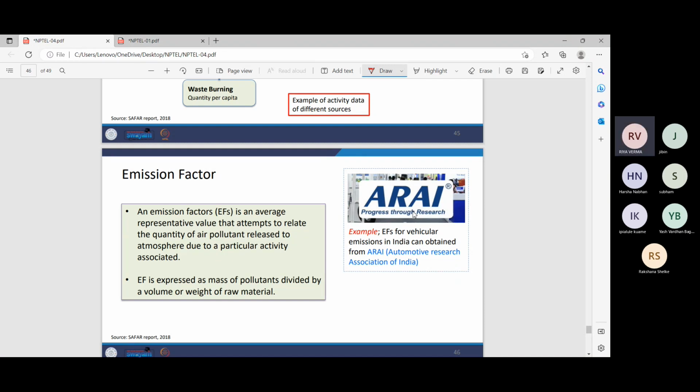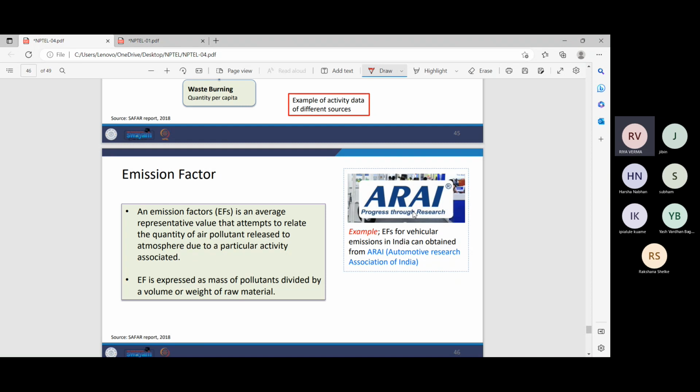As far as air pollution levels are concerned, agricultural emissions don't contribute much unless there is agricultural burning, like the parali that is being burnt in the Haryana region. That contributes a lot to the air pollution. But apart from that, there are not many emissions from the agricultural sector.